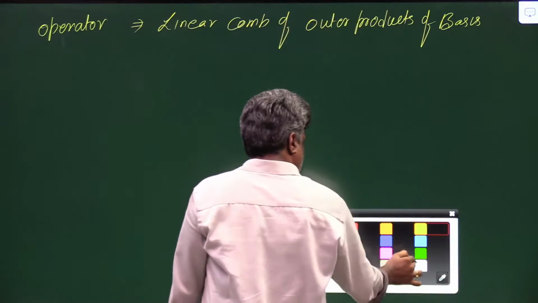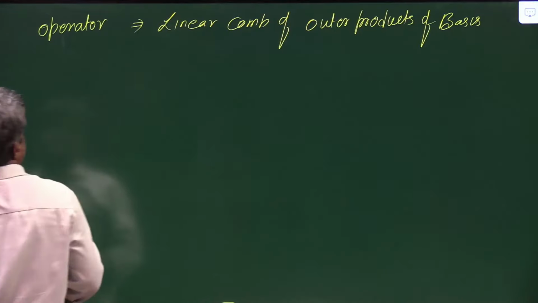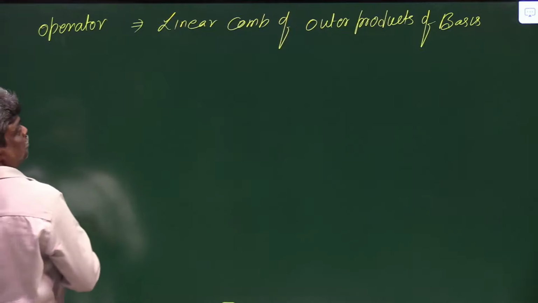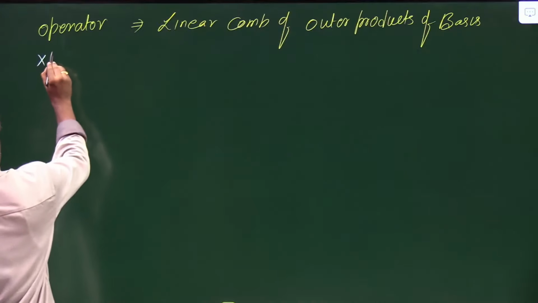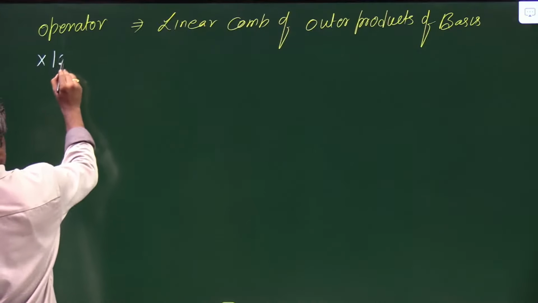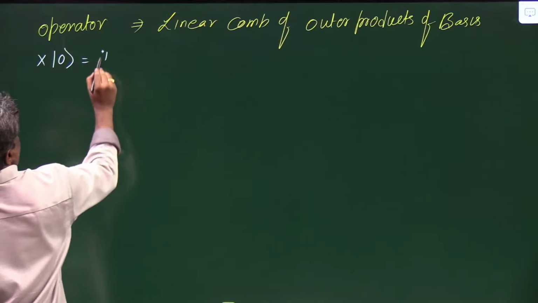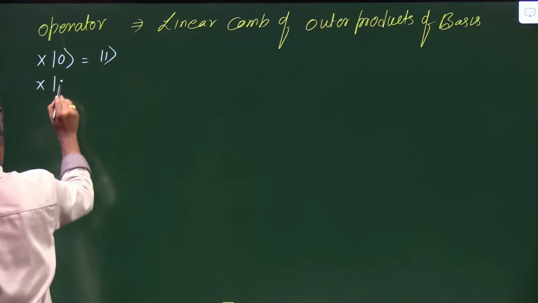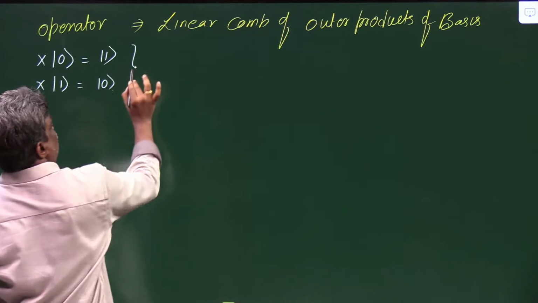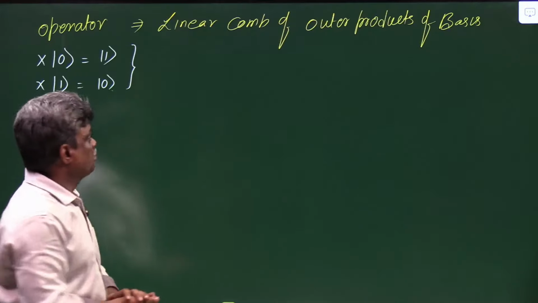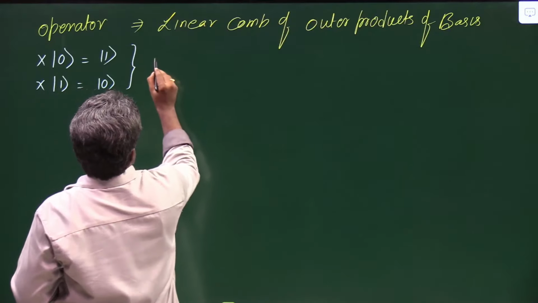So how can we write this? For example, I am taking the Pauli X matrix. If X operates on 0, we get 1, and X operates on 1, we get 0. Based on this operation, we can write the outer product form. So what is that outer product form?